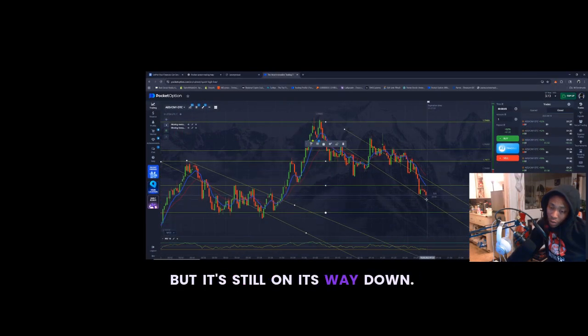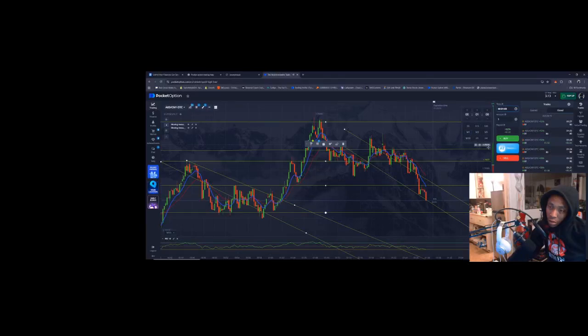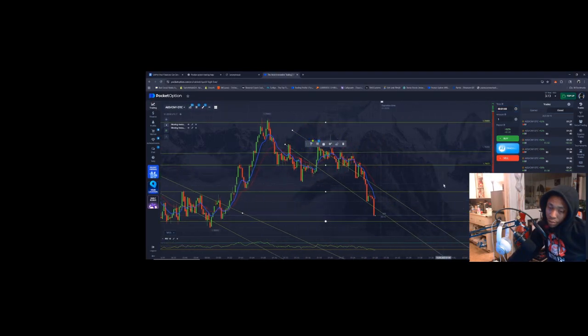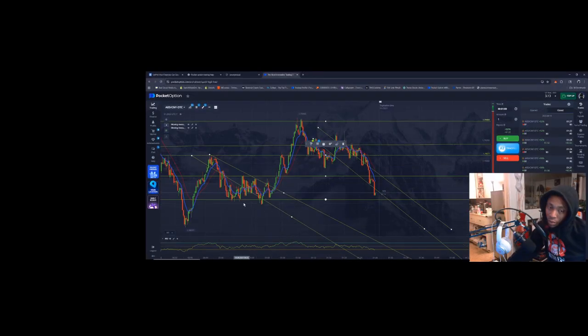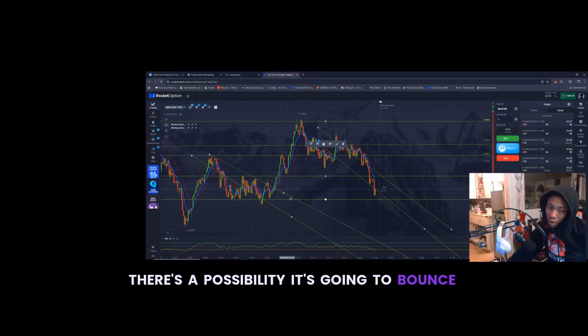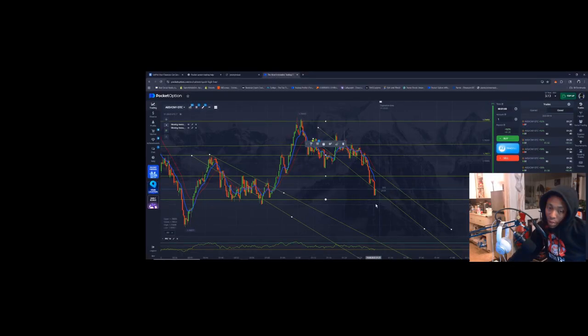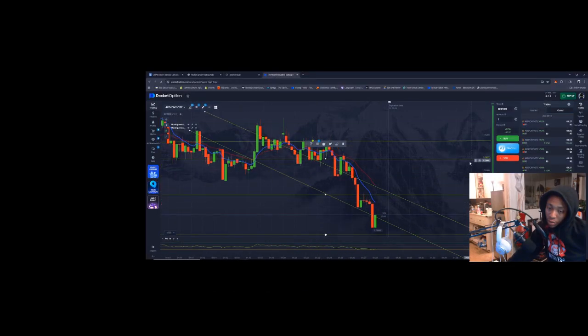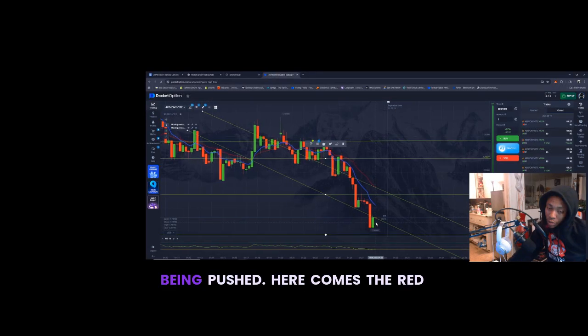But it's still on its way down. So if I bump into it, there's a possibility it's gonna bounce here. There goes that bullish candle. Okay, push. Here comes the red candle.